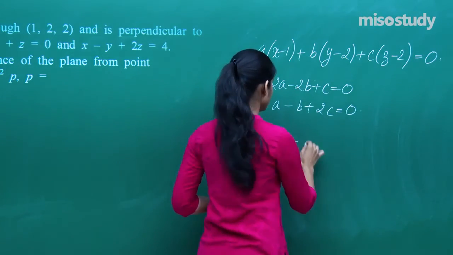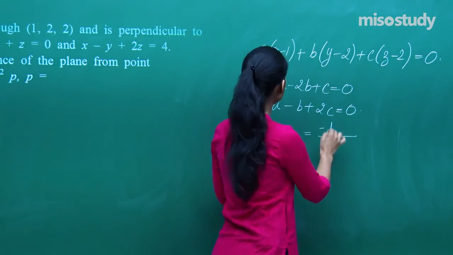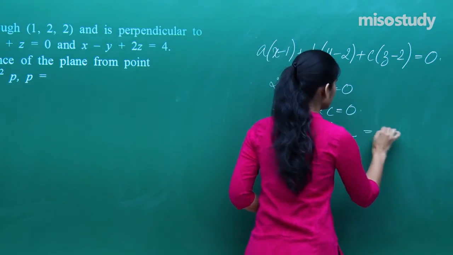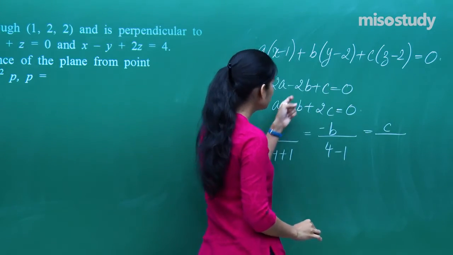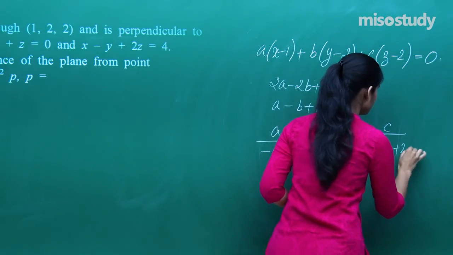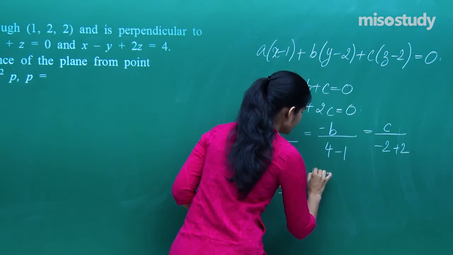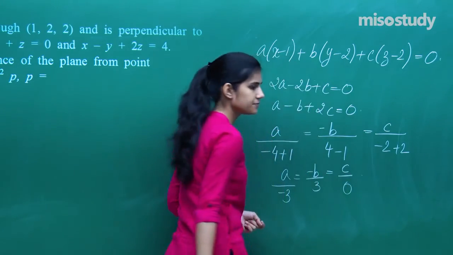Minus 4 plus 1 equals b upon, or I should say minus b upon 4 minus 1 equals c upon, this becomes what? Minus 2 plus 2. So you get a upon minus 3 equals minus b upon 3 equals c upon 0.